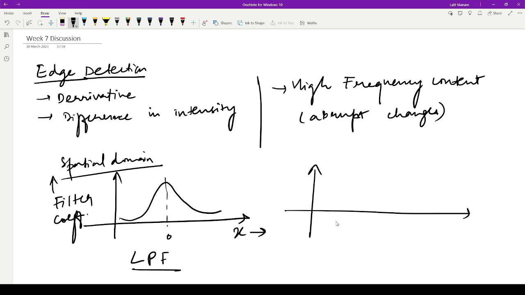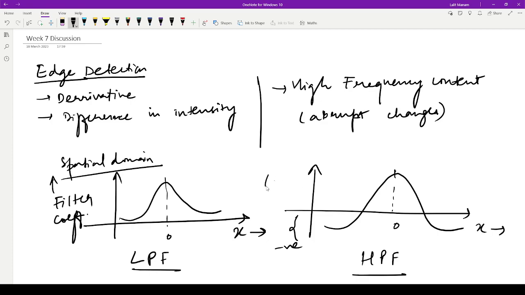But if the center coefficient is positive and all the others are negative, then it's a high pass filter. That means some of the filter coefficients are negative, and the central pixel at which you are taking has a positive coefficient.